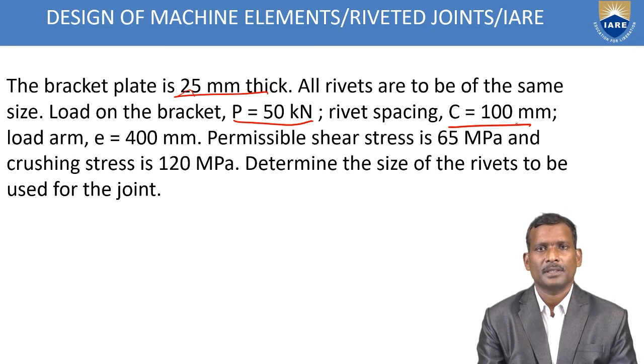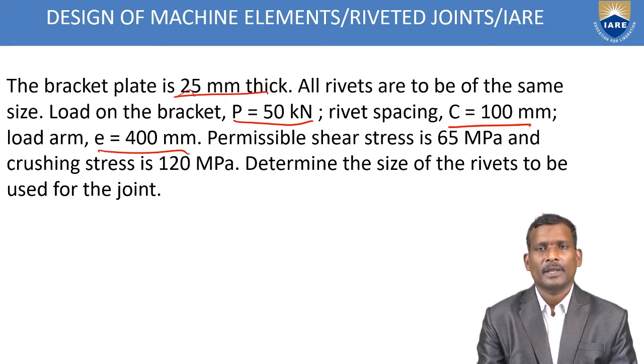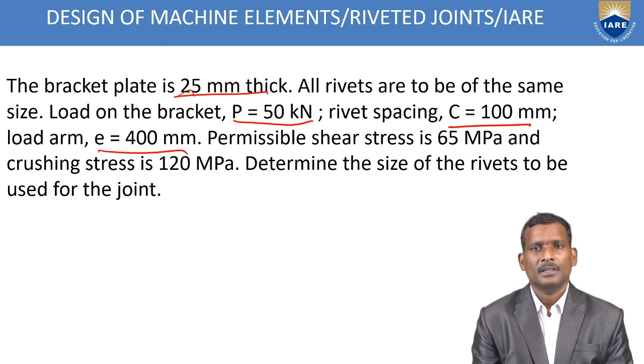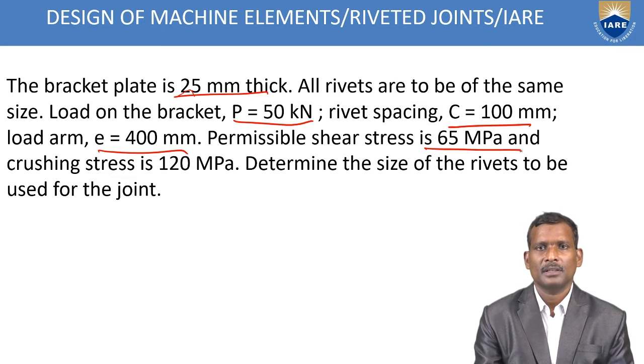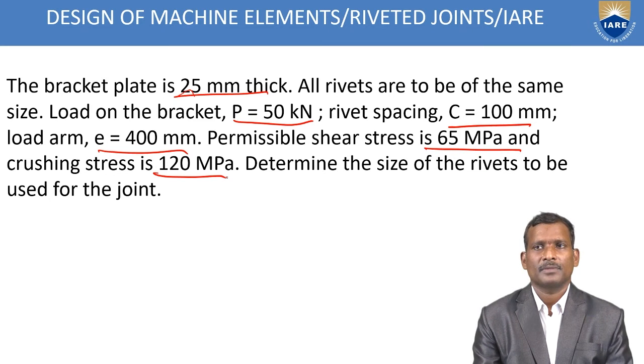The load arm, that is e, the eccentricity, the load acting distance, is 400 mm. It means the line of action of the load is at a distance of 400 mm from the center of gravity. The permissible shear stress is 65 megapascal and the crushing stress is 120 megapascal.